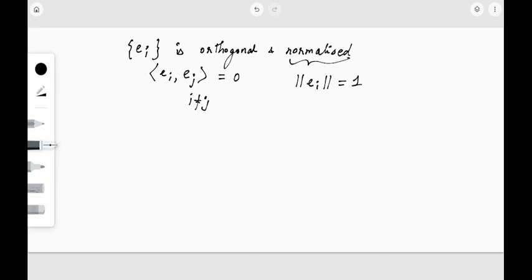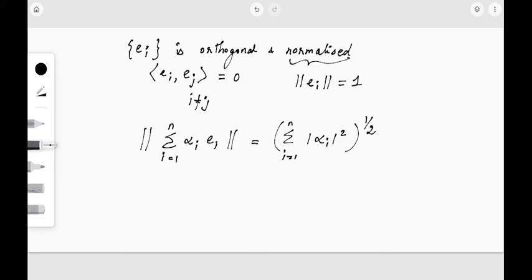These are the two things we have in mind, and we need to show that the norm of the summation of alpha_i e_i, where i varies from 1 to n, is nothing but the summation of |alpha_i|² whole raised to 1 by 2.